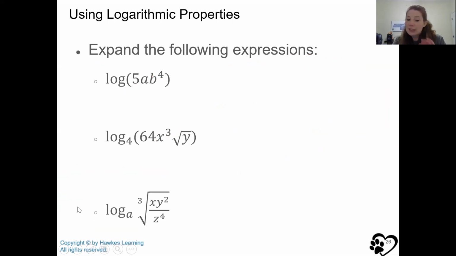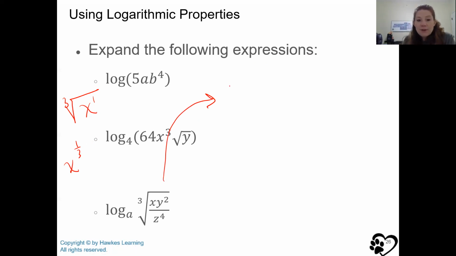All right, now the last one looks a little scary, but let's clean it up a little bit. Let's rewrite the cubed root. How do we write the cubed root of a number as an exponent? Well, remember, we would write it x to the 1/3 power. We learned that in the first section of this unit. So let's rewrite it first, make it a little less intimidating. Log base a of xy squared divided by z to the 4th.